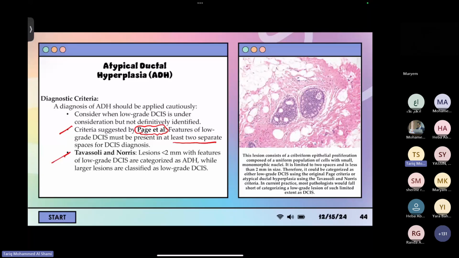But according to the Tavassoli and Norris paper, a lesion less than 0.2 centimeter, or 2 millimeter, with features of low-grade DCIS is categorized as atypical ductal hyperplasia, and vice versa, larger than 2 millimeter is classified as low-grade DCIS.